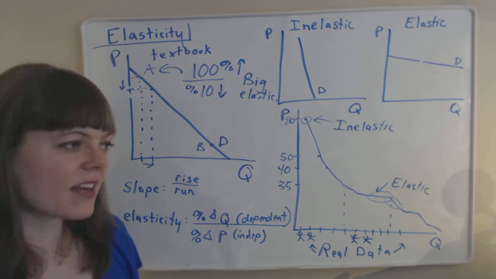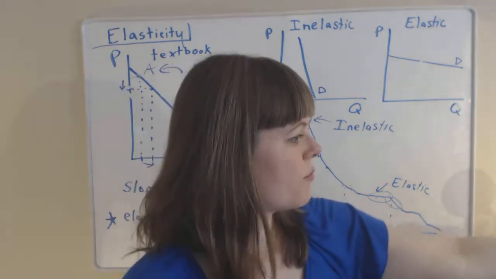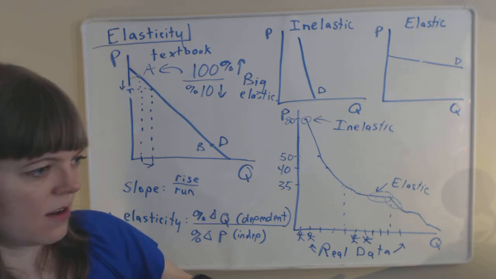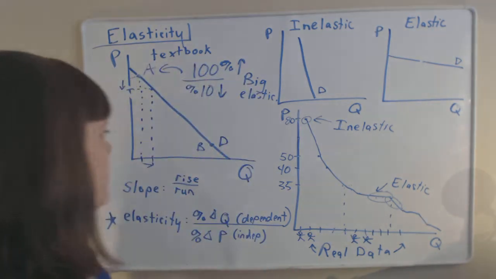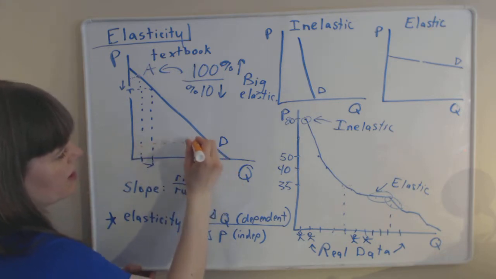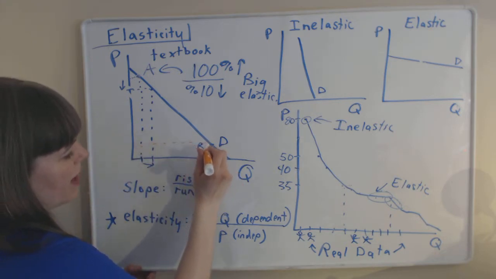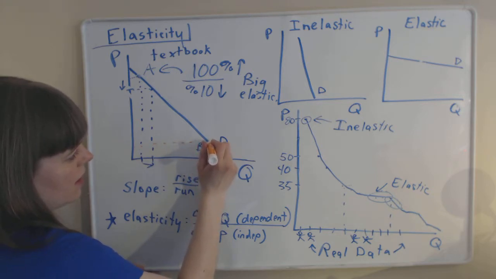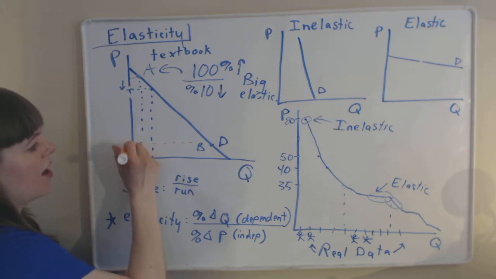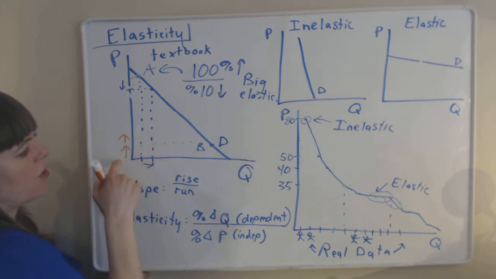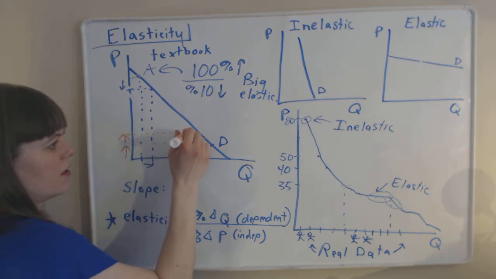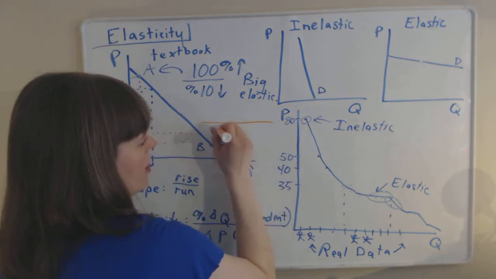We have the exact opposite when we look at point B. Let's do this in the other direction. Actually, let's say you're going to increase the price by 100%. So I'm going to increase the price from this to this. That's a 100% increase. Let's put that in our denominator.